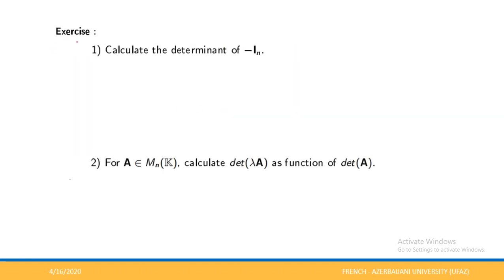Let's look at this exercise. Calculate the determinant of minus In. The determinant of minus In is the determinant of minus 1, 0, 0, 0, minus 1. As you know, all diagonal elements will be minus 1s, and all elements above and below the diagonal will be zeros.